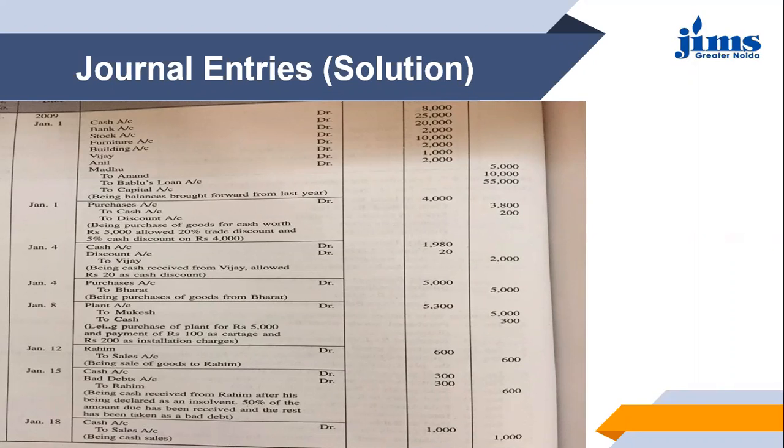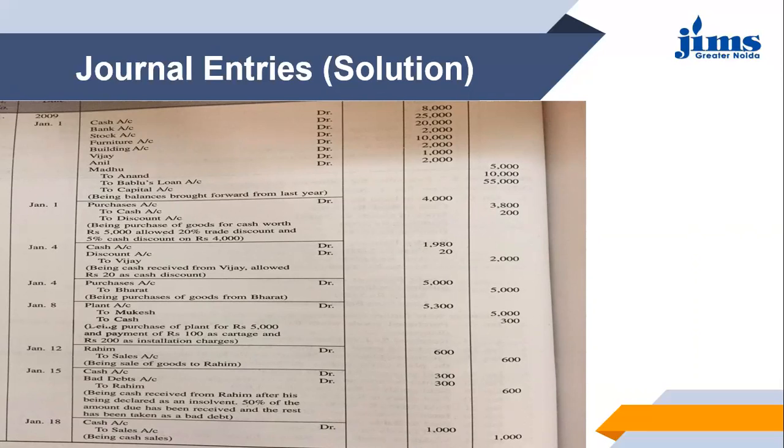Mukesh is the vendor from whom the plant has been purchased. So it will be 5,000 only, because Mukesh is the vendor having an outstanding balance of 5,000 rupees only. And then to cash 300, which is paid by the business for the carriage, transportation or installation charges. So the total plant account will be debited with 5,300.